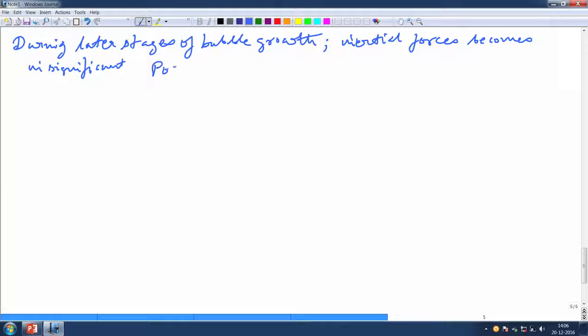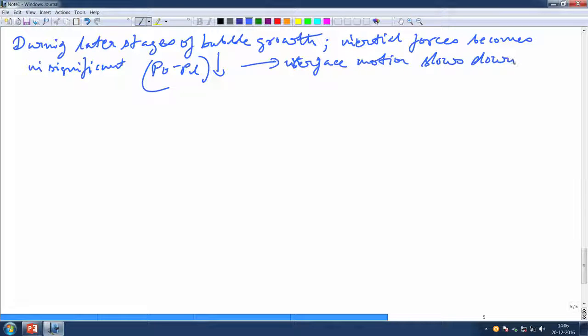As the pressure PV minus PL goes down, the interface motion slows down. Therefore, heat transfer becomes the process that limits bubble growth.